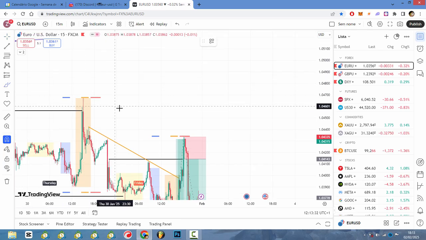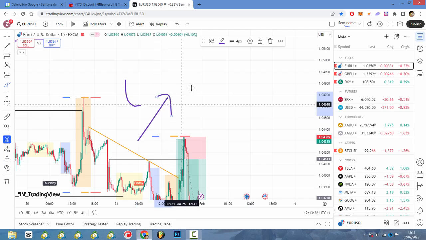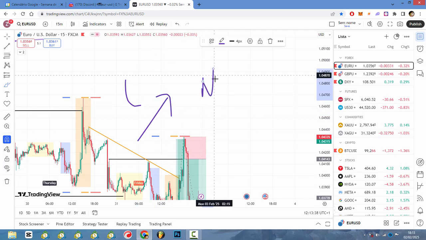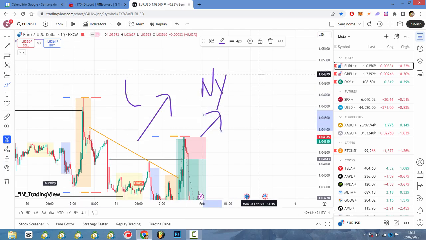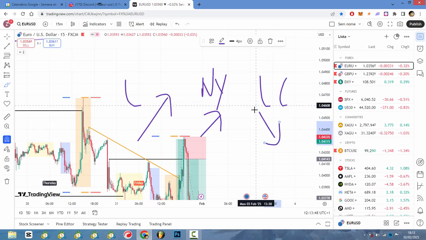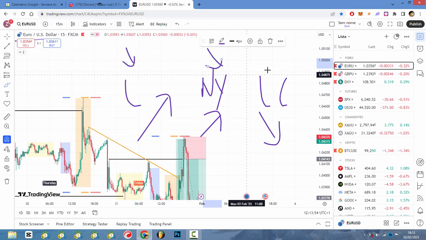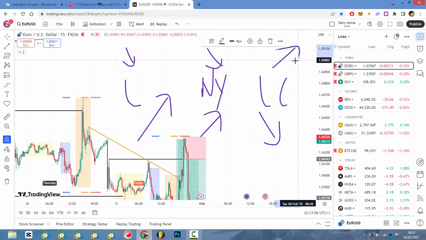One thing you can do is, if London is bullish and New York is also bullish, what you can expect is for London close to be a retracement of both, and so bearish. And if we say London bearish, New York bearish, then London close will most likely be bullish.